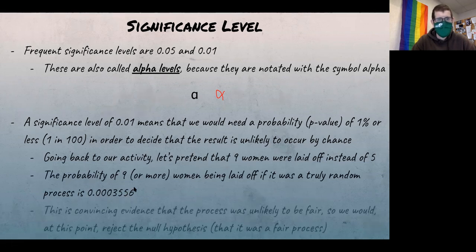This would be pretty convincing. If there were 9 women laid off and there's only a 400ths of a percent chance that could even happen, then that would be pretty convincing to me and probably to everyone that it was an unfair process and they were discriminating.